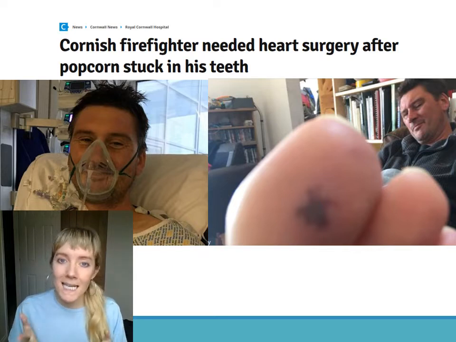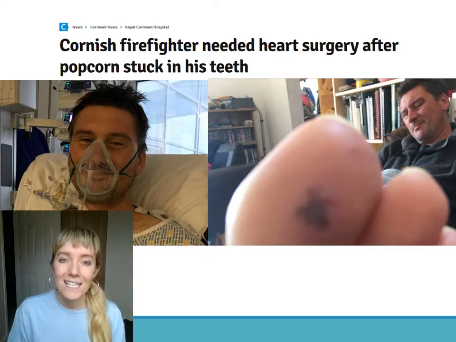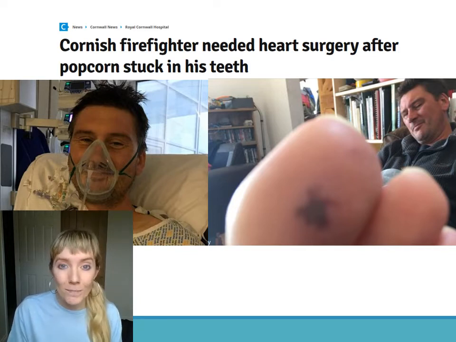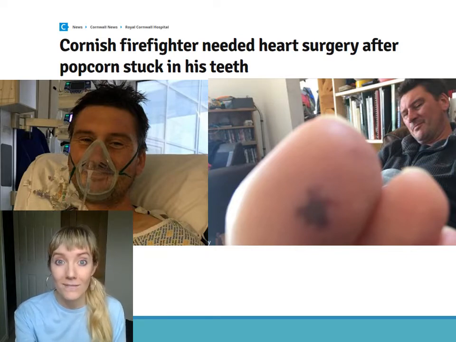I don't know, it didn't say in the story if he had a predisposing heart condition, but you can see in the picture that he has got the Janeway lesions, the painful hemorrhagic cutaneous lesions. And the reason he went to hospital is because he had a fever and a cough. So these are so key for us to know these symptoms and be able to advise our patients if we think that is what they are developing.